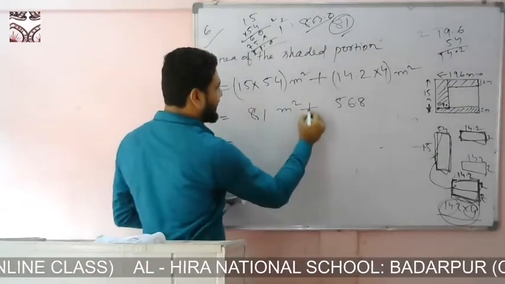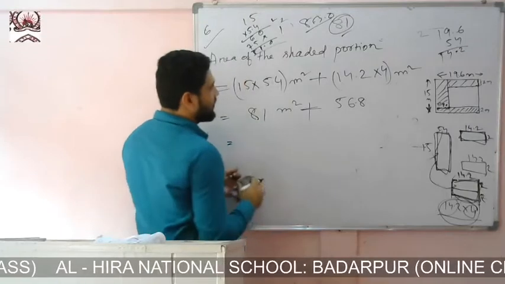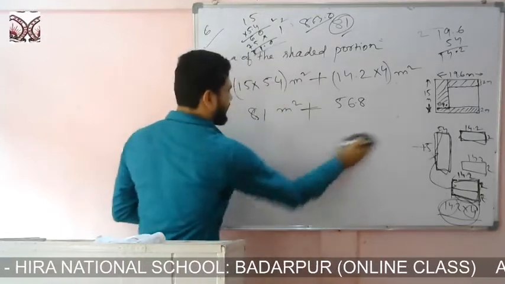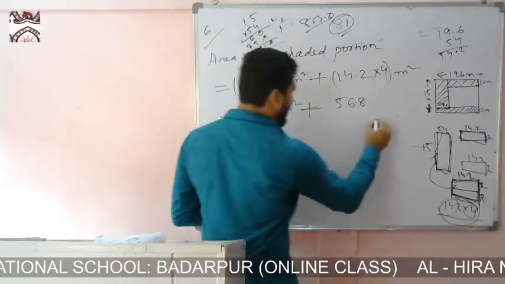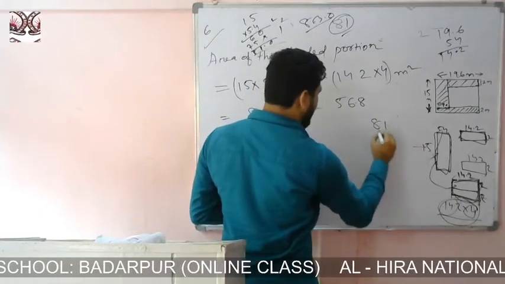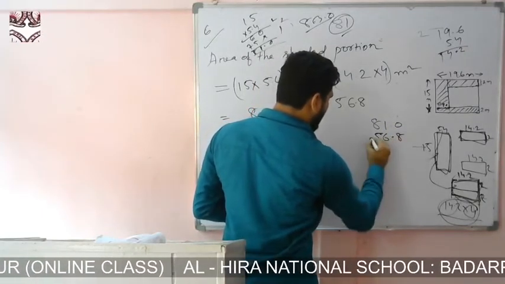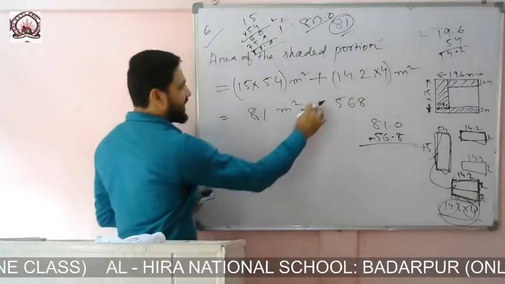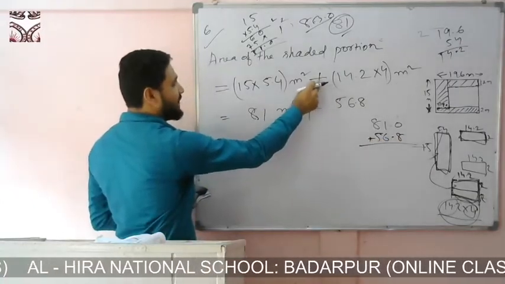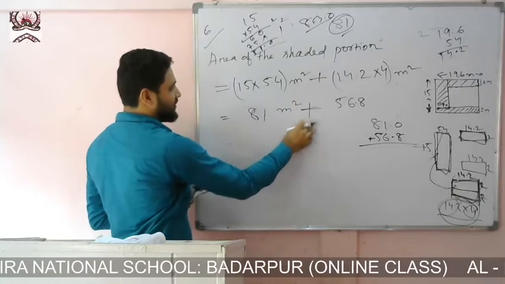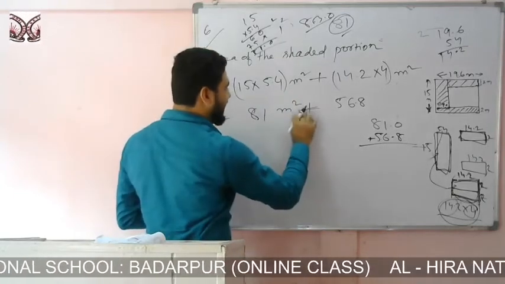Here it is plus, I have given minus. Okay, you have to add this one. So write 81 plus 56.8. I have given plus here, but here I have given subtraction. So for that reason I am not finding the answer.